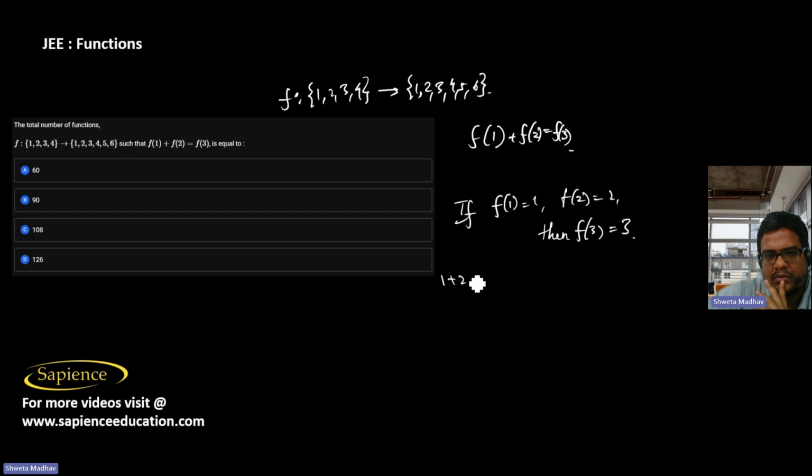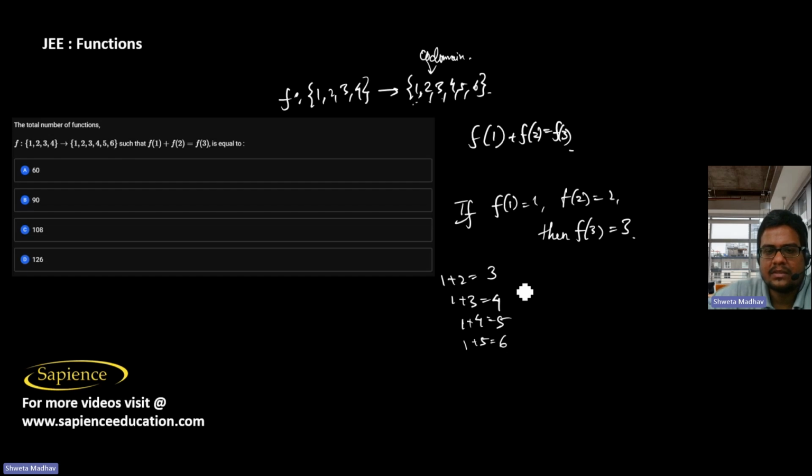So 1 plus 2 can be 3, 1 plus 3 can be 4, then 1 plus 4 can be 5, then 1 plus 5 can be 6.